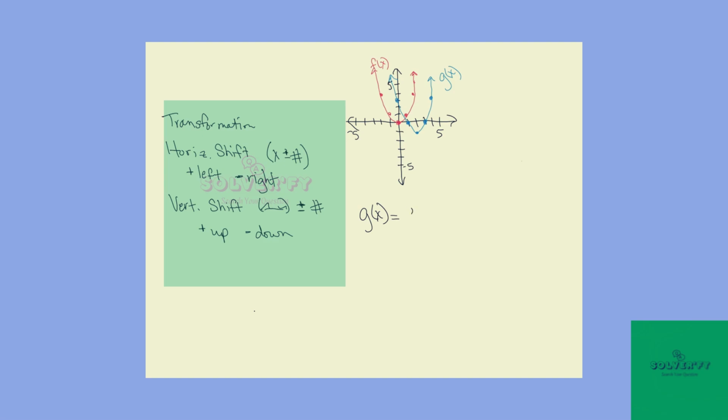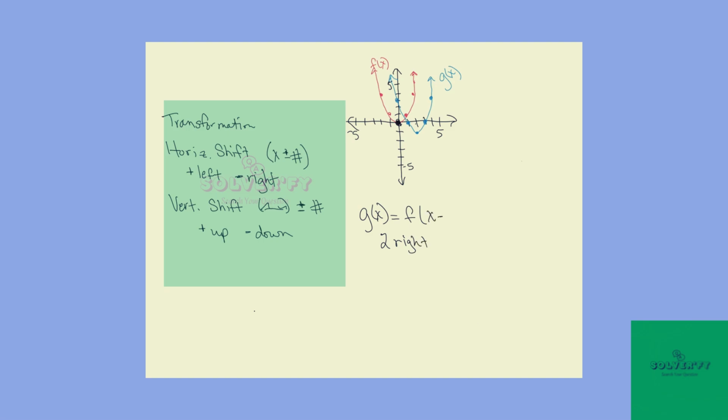All right, so we are going to compare g to f. So I'm going to describe g in terms of f. Okay, to get to g from f, I'm starting with f. And the one good place to look is that vertex right there. What's happening to that? Well, it has gone 2 places to the right.